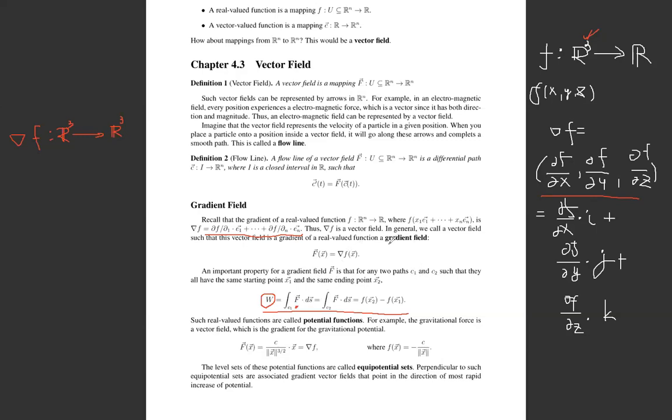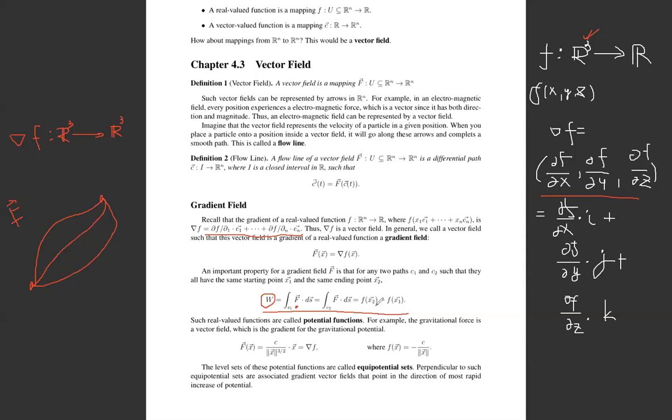If the force field is a gradient field, that means no matter what path you integrate this force along, for example, if this vector field is a gravitational force, then no matter what path this object goes, the work done along this path will still be the same for path 1, path 2, or path 3.